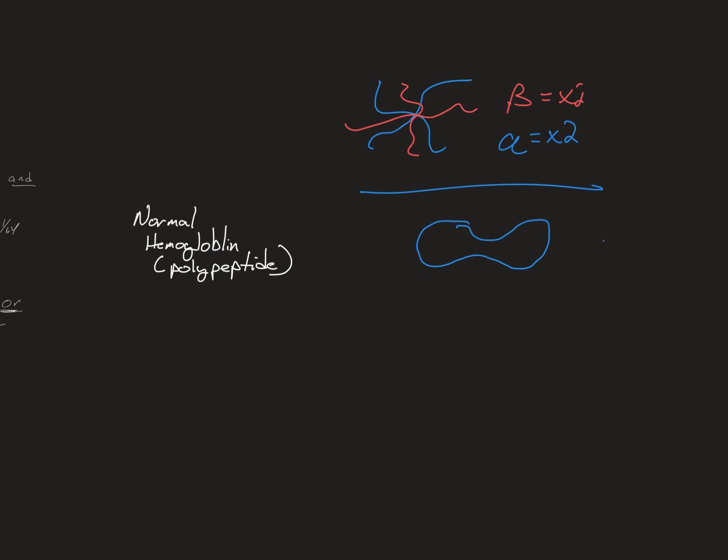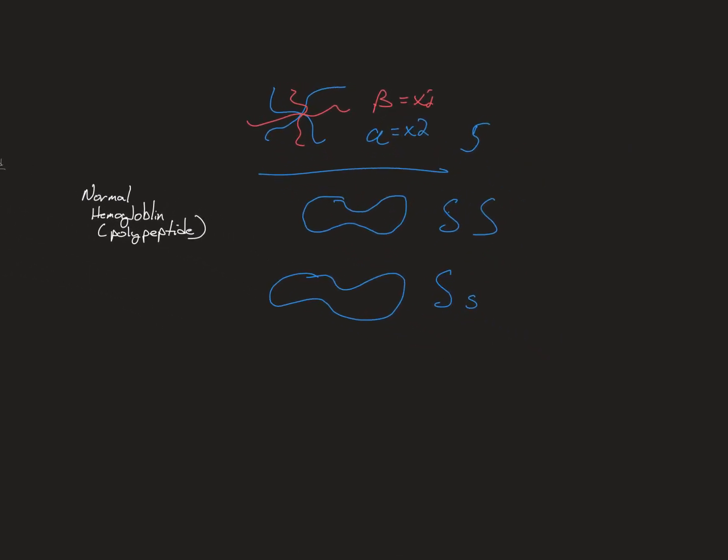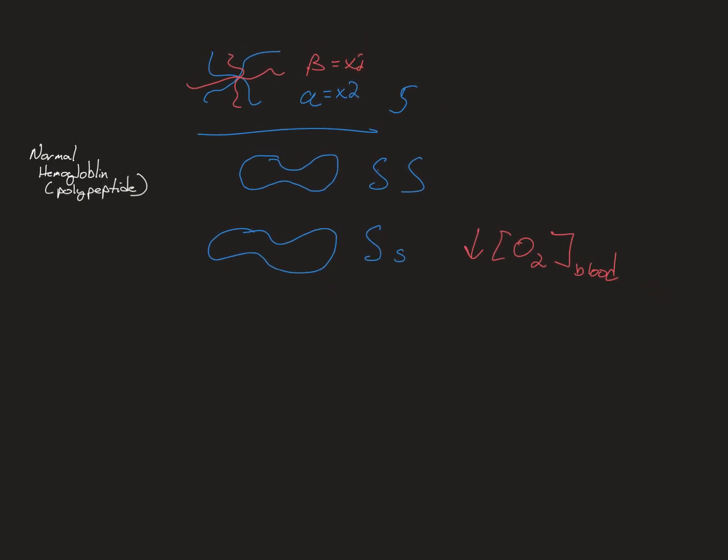Let's say big S. If you have one normal gene and 1 mutant gene, meaning one allele is the recessive version, then when you have low blood oxygen concentration, the cell sickles.